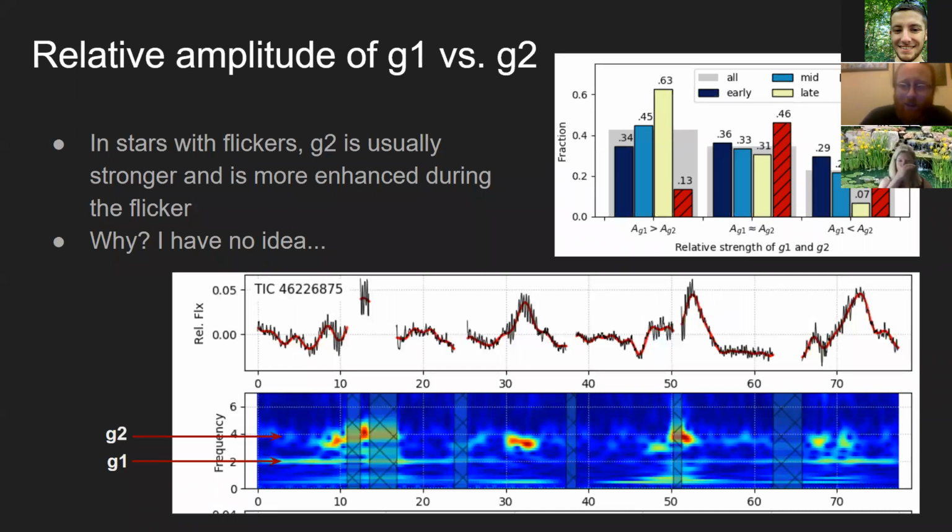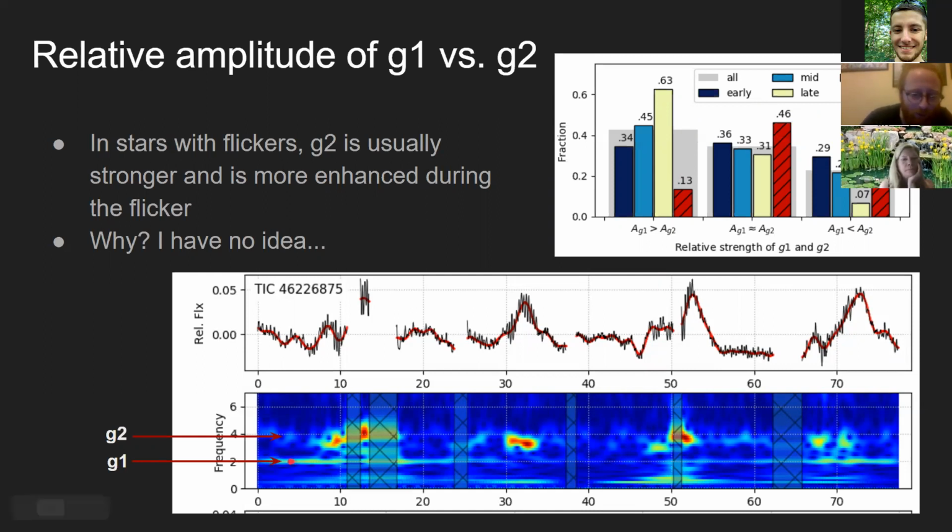Okay, so back to this figure that looks at the top right, that looks at the relative strength of G1 and G2. I mentioned that for stars with flickers, often G2 is relatively strong compared to G1. And that's shown as an example in this bottom plot.